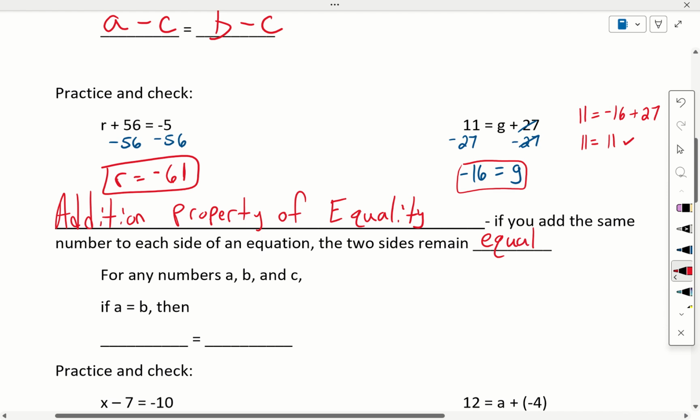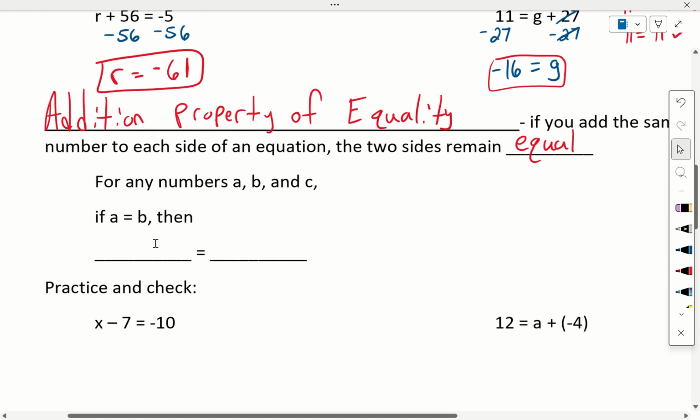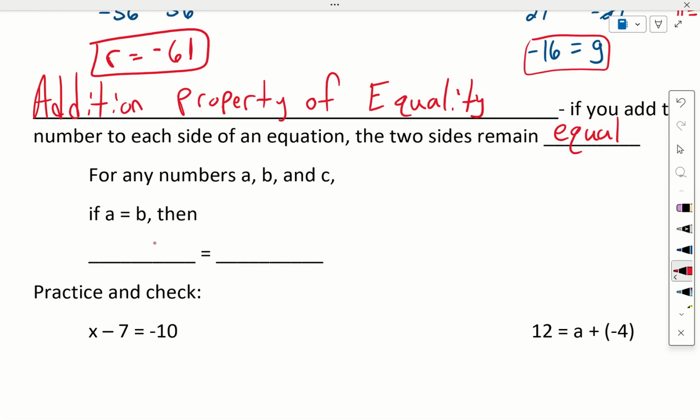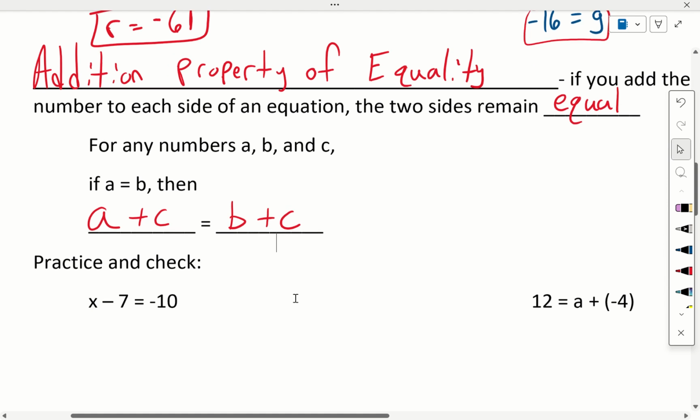It's the same thing, but instead of with subtraction, it's with addition. So for any numbers A, B, and C, if A is equal to B, and we add C to the left, we can add C to the right, and these two remain equal. There you go. That's the addition property of equality.